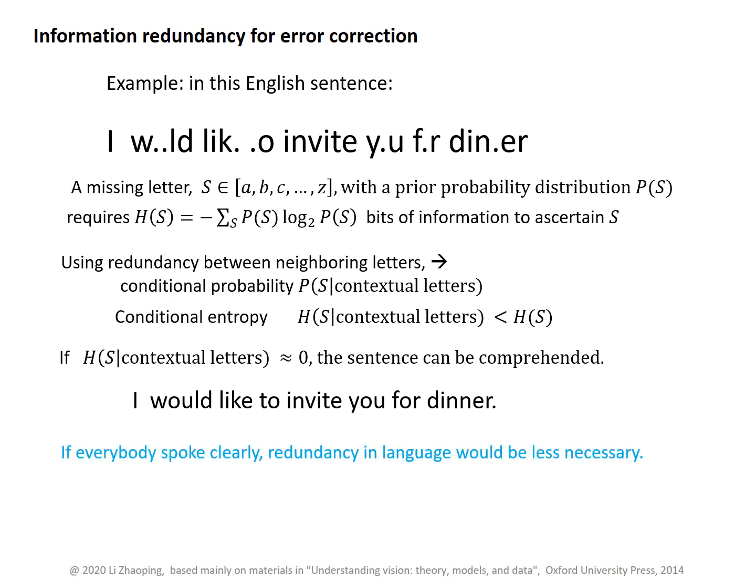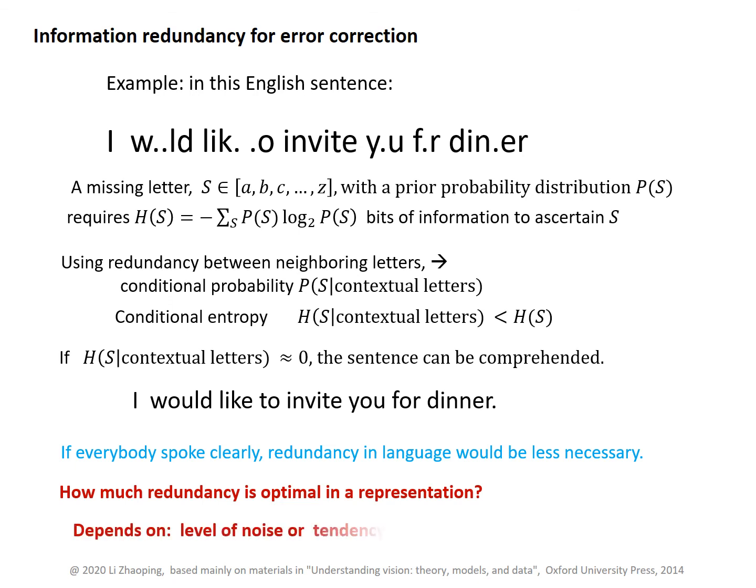So redundancy in language enables us to understand, for example, foreign accent or vague articulations. So how much redundancy is optimal? That depends on how many errors need to be corrected. So if you still cannot understand the sentence, you can always ask the speaker to repeat the sentence. This repetition increases the redundancy as you make somebody redundantly speak again.